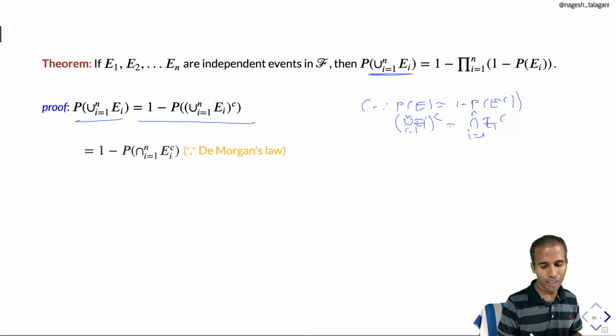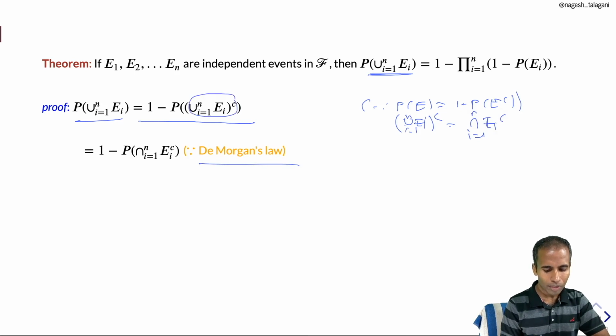Now if I know E1, E2, so on, En are independent, then I can say that E1 complement, E2 complement, so on, En complement are also independent, right?